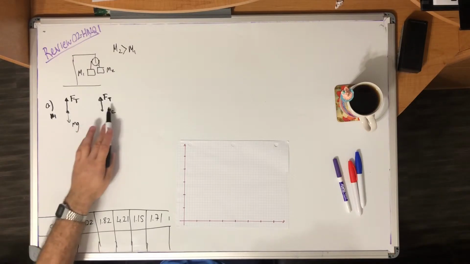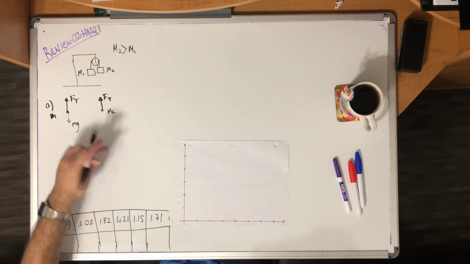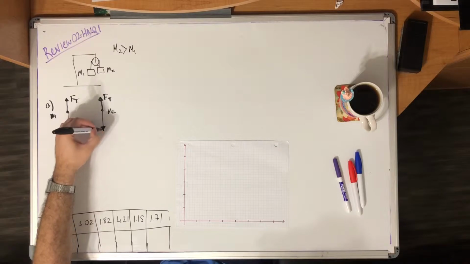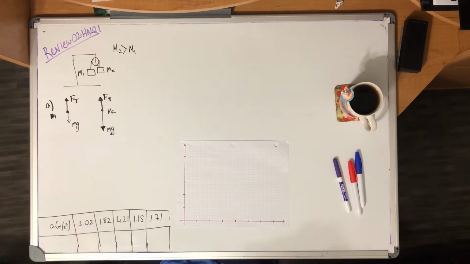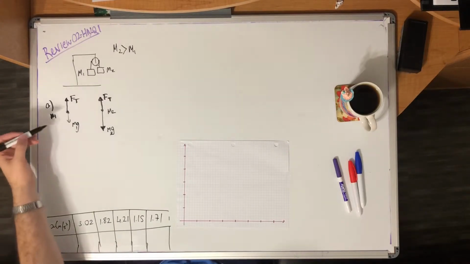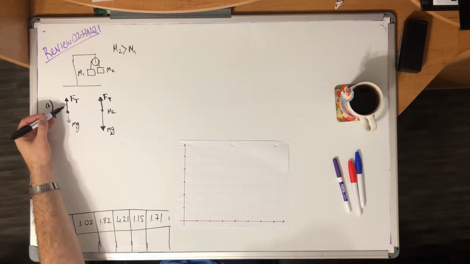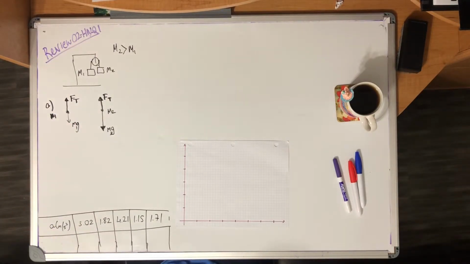And since this guy is accelerating downwards, the mg is supposed to go longer than the Ft. So if you would like to draw it with units, 1 unit, 2 units, 2 units, 3 units. That would be the way that you can actually figure that out.